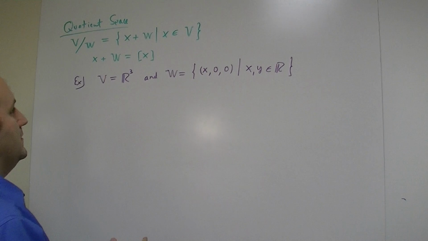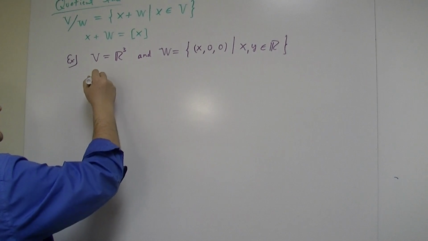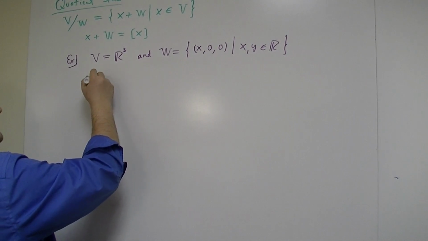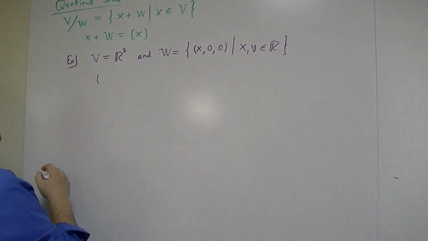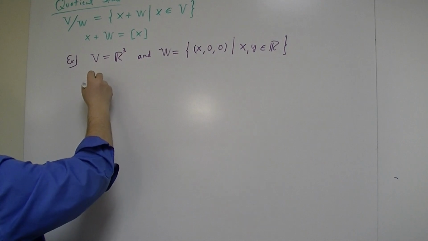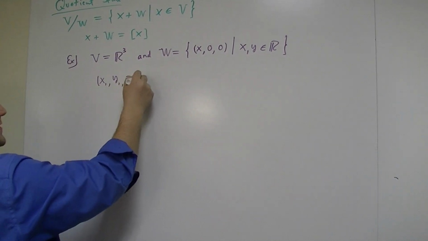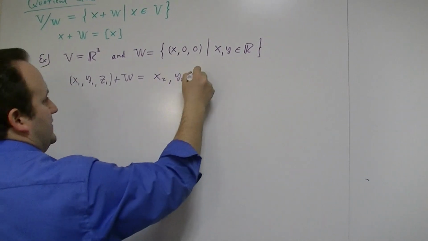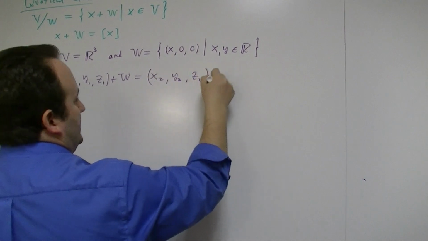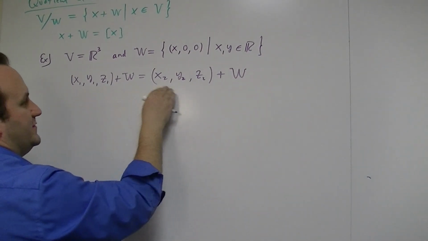Let's see here. If I had (x1, y1, z1) plus W equal to (x2, y2, z2) plus W, so if I have two different representatives for a coset, I don't really need all of x1, y1, z1 and x2, y2, z2.